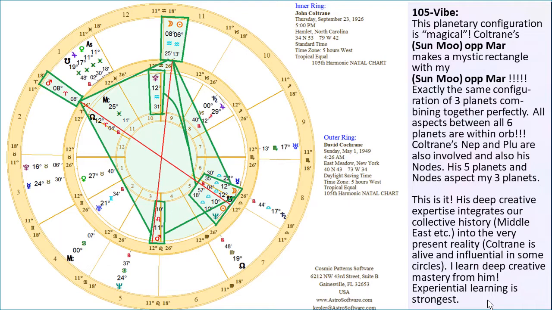You combine those together, and you're getting the depth of Coltrane, plus the refreshing creative quality that really stands out in 25. But all of that comes together perfectly with my chart in 35.